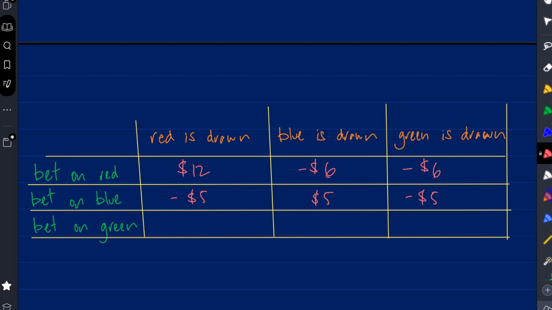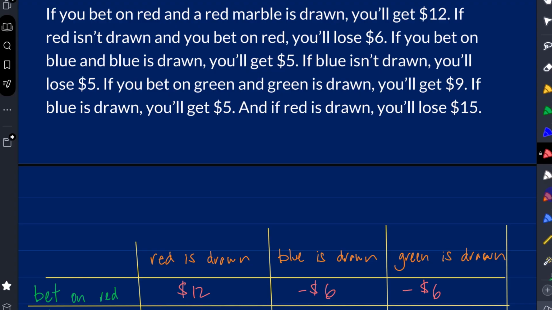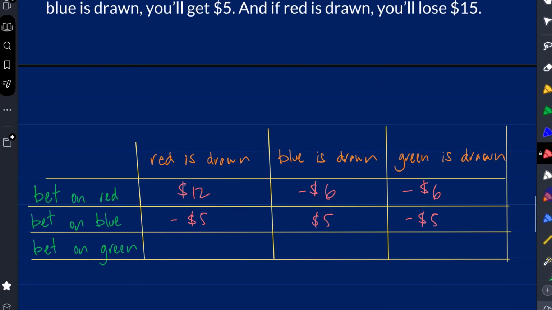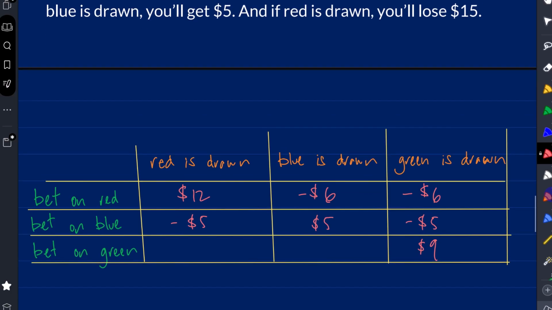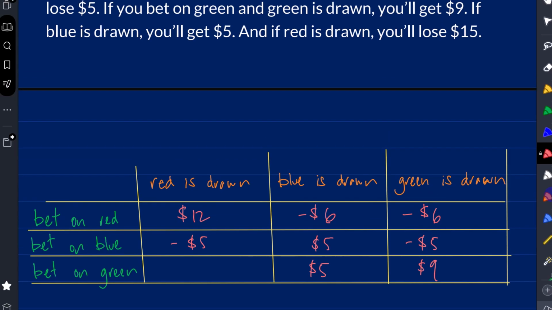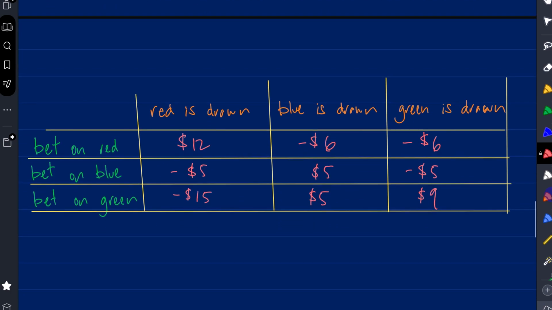Okay, -5, 5, and -5. Let's see. If you bet on green and green is drawn, you get 9. If blue is drawn, you'll get 5. Okay, it's a +5 there. And if red is drawn, you lose 15. Okay.